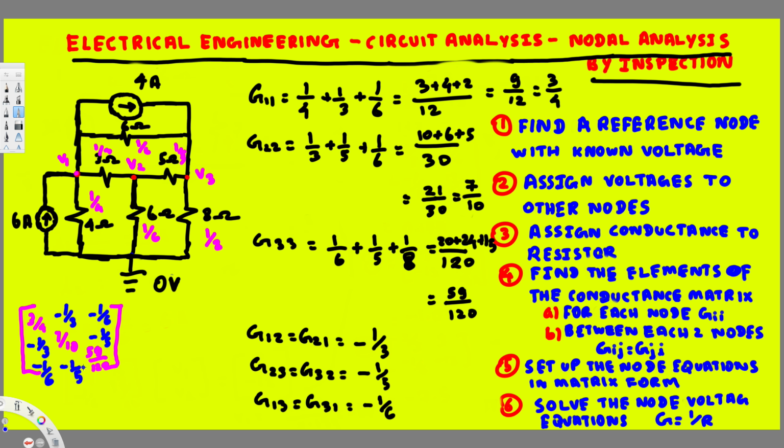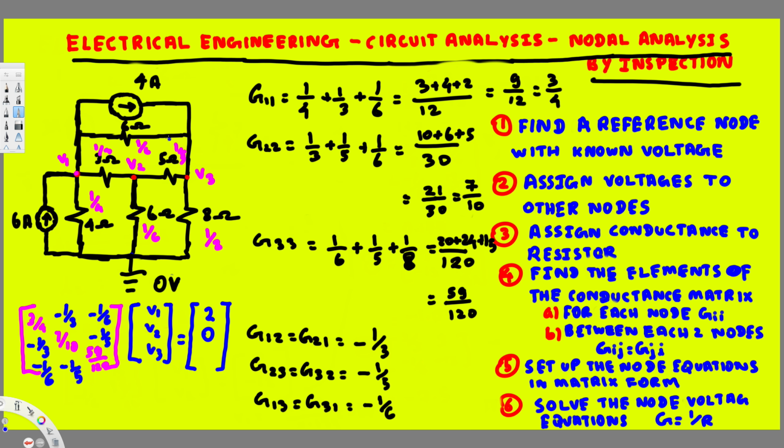So now we have the matrix. All we have to do is Cramer's rule, but before we do that we have to know one more thing. We are going to have V1, V2, V3, and after the equation sign we have to look at the current sources entering each node. For V1, we have 6 amperes entering and 4 amperes going out, so 6 minus 4 is 2. For V2, we don't have anything entering or exiting, so that's 0.